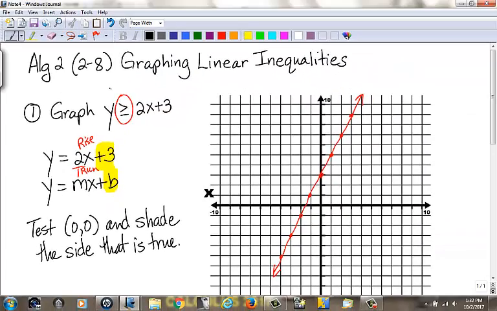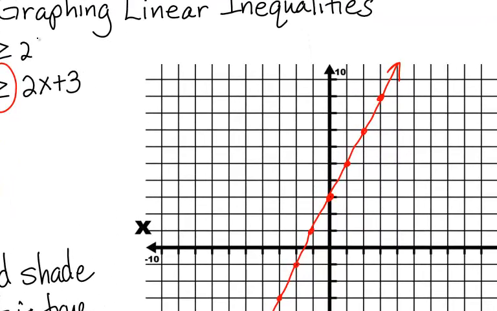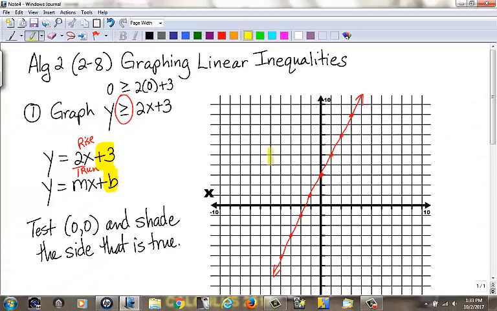So if we put 0 back, you'd have 0 is greater than or equal to 2 times 0, which is 0, plus 3. So 0 is greater than or equal to 3? No, that's false. So 0, 0 is not part of the graph, so shade the other side. You're going to shade this side.